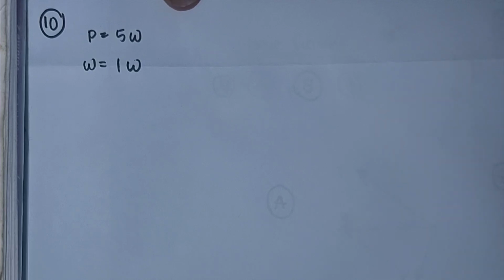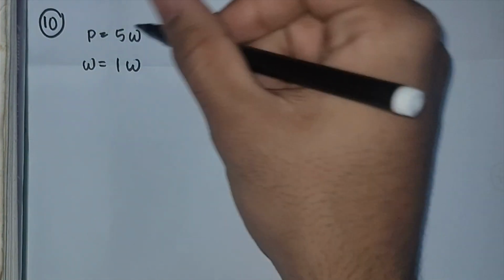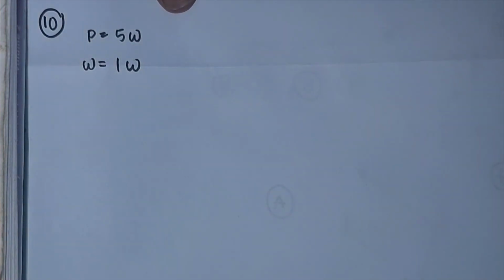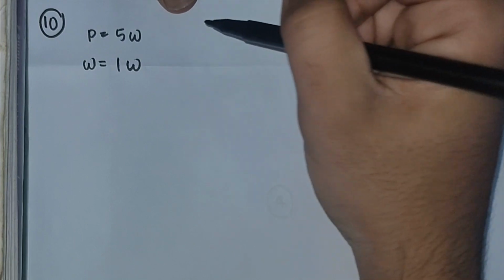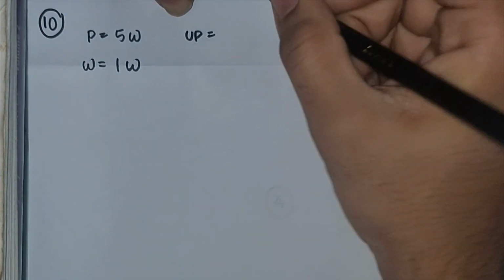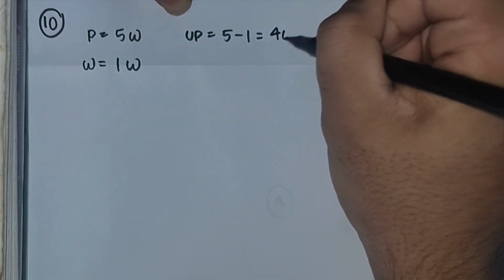So let's think about what is the effective power output of the lamp, the useful power output, which will be 5 minus 1, because it is actually expending 4 watts of energy to actually light up the room. So I'll write UP, which is useful power output, equals 5 minus 1 equals 4 watts.